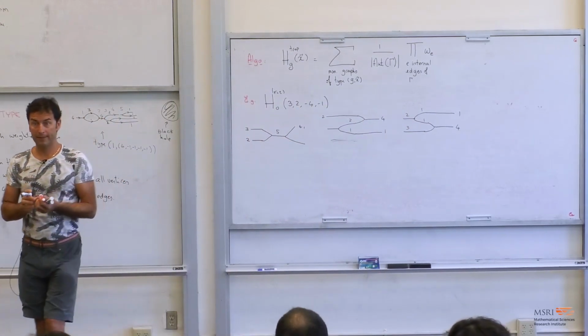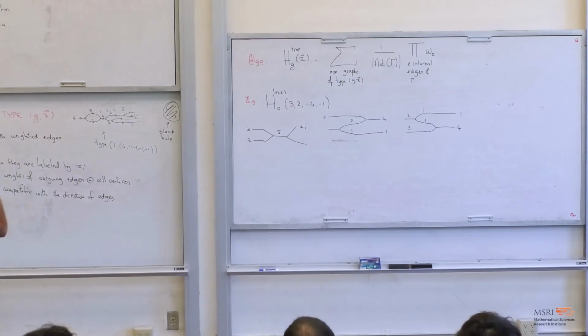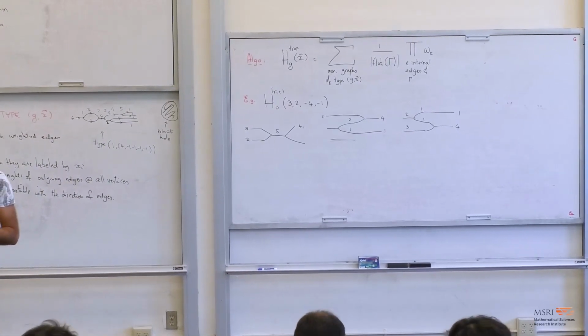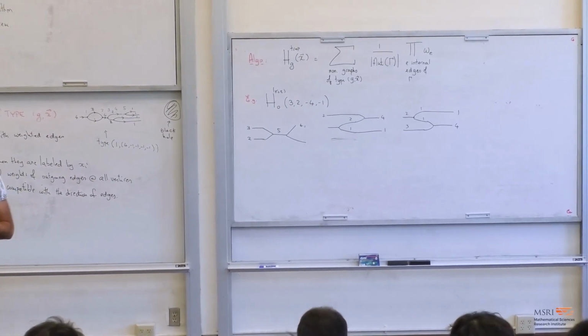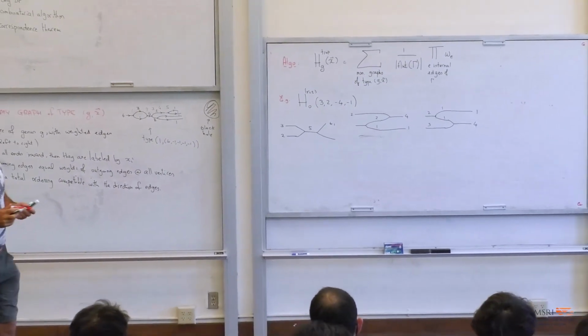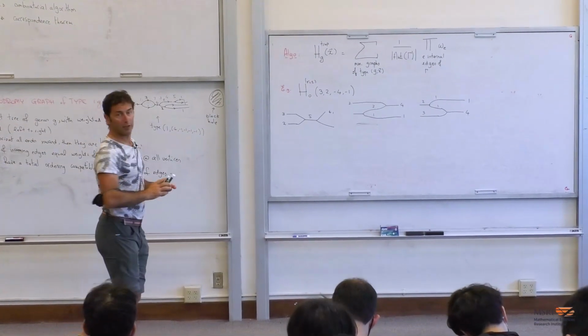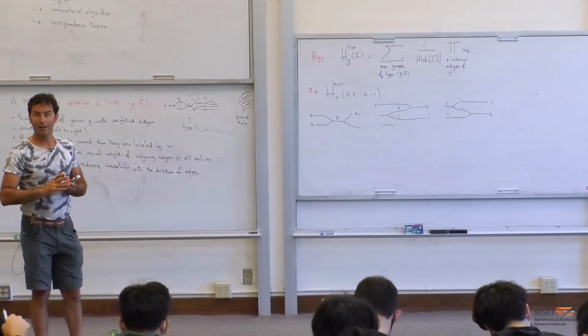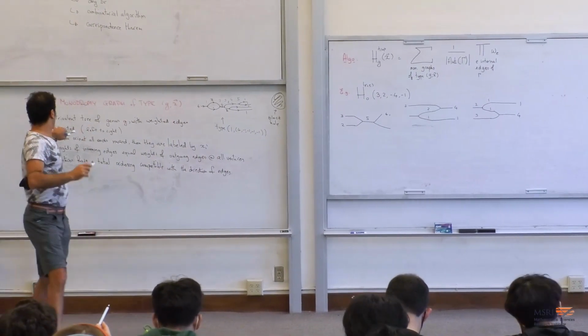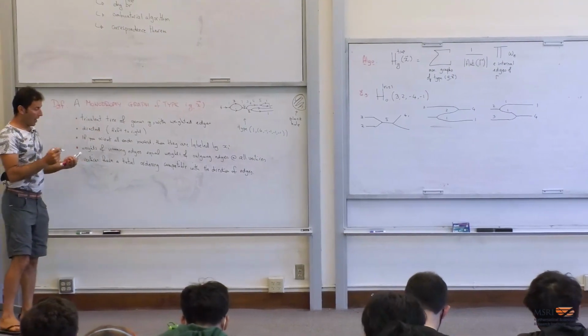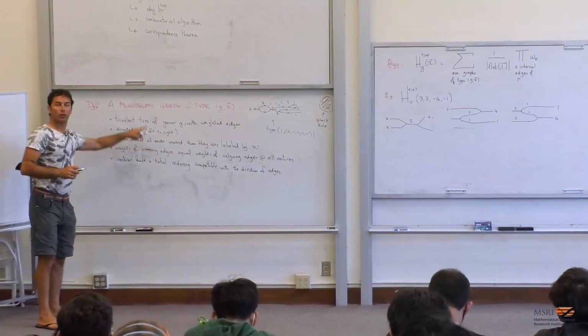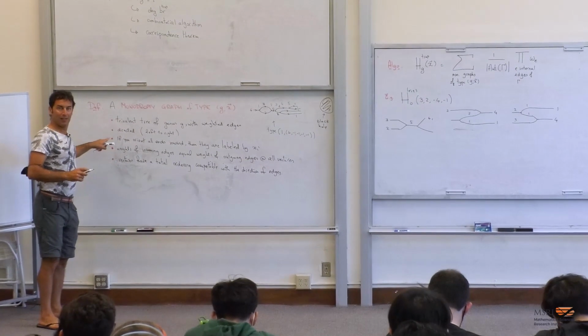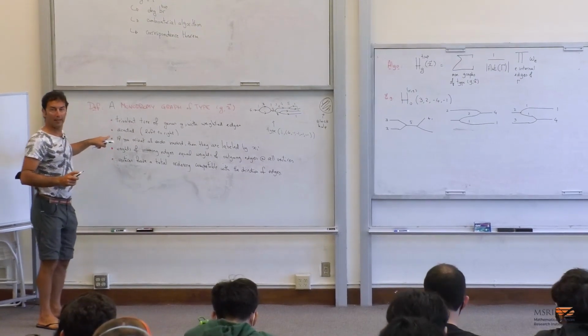Yeah? The number of vertices, is that prescribed? It's not prescribed, but it follows from the Riemann-Hurwitz formula. I did not write it in the algorithm because this already determines the number of vertices to be 2g minus 3 plus n.